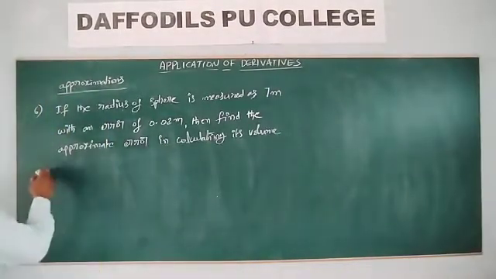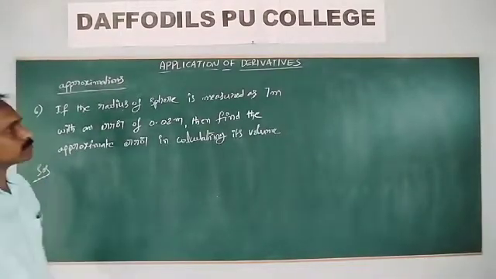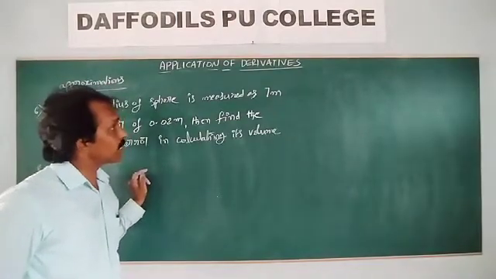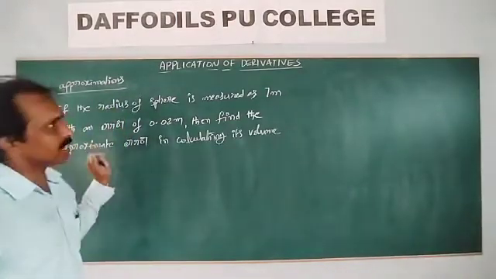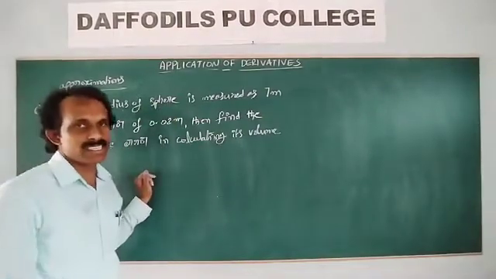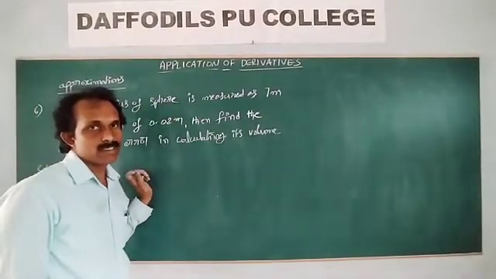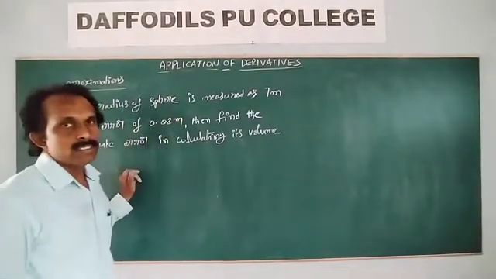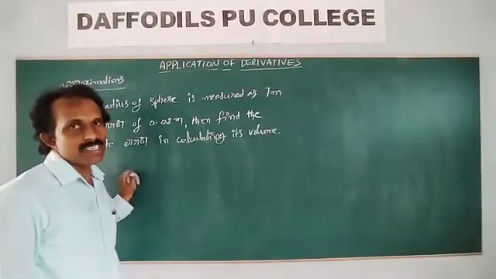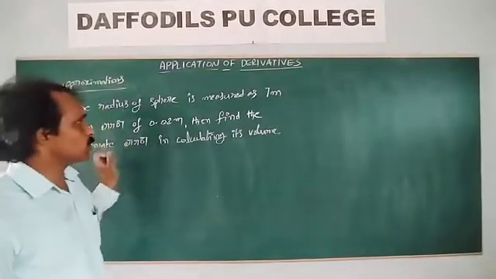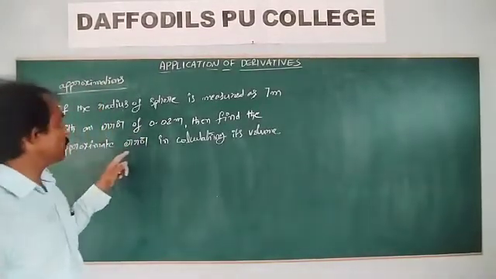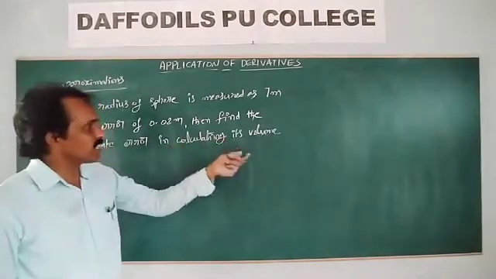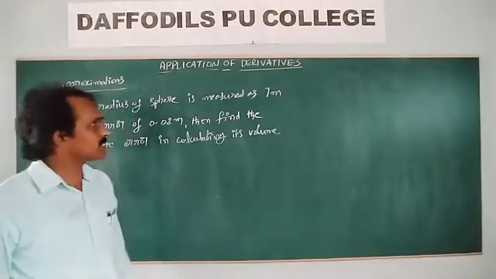First of all, the radius of the sphere r is equal to 7 meter, with an error in radius, meaning some change, delta r, 0.02 meter. Then find the approximate error, which means approximate change, in calculating its volume.